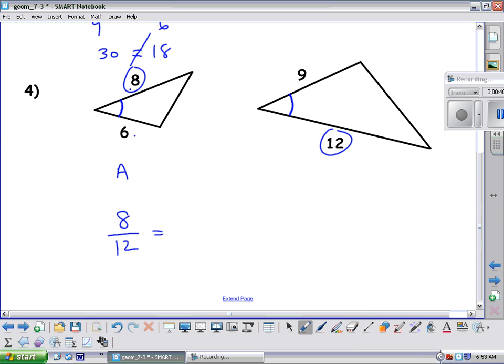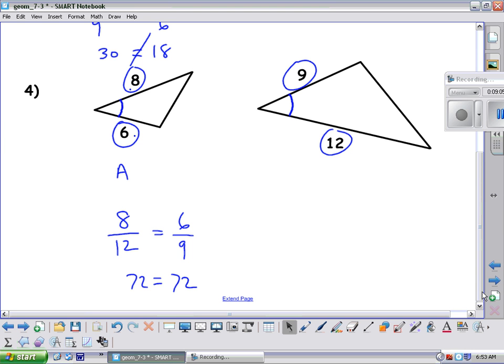Is that the same as 6 to 9? I could simplify this if I wanted to, but quick and easy, 8 times 9 is 72. 6 times 12 is 72. So these both break down to basically the same ratio.